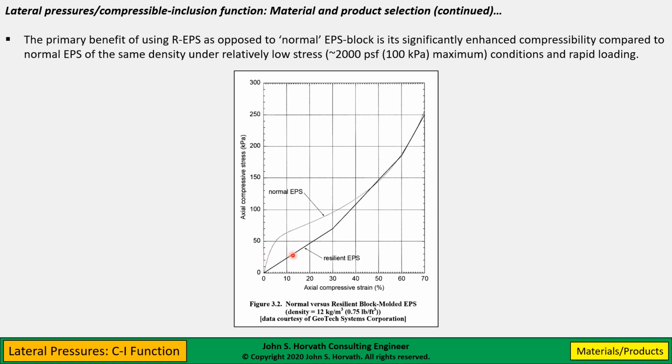And again, as I showed you earlier, when you're doing a REP or ZEP wall application, it's a displacement-based design. You're looking for a certain target magnitude of displacement. So you're looking for a certain stiffness. If you use normal EPS block, you've got to use 5 times the thickness to get the target amount of strain compared to the resilient EPS. Very inefficient. That's my point, to use the normal EPS block.